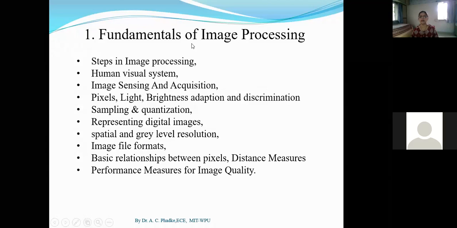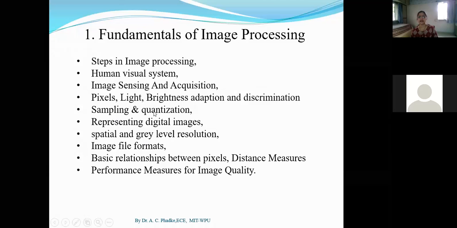Under fundamentals of image processing, we will be studying what a digital image is, how to process the digital image, what the human visual system is, and how digital images are sensed and acquired. Then there are 2 important terms, sampling and quantization. So what is the meaning of sampling, quantization, and resolution of images?